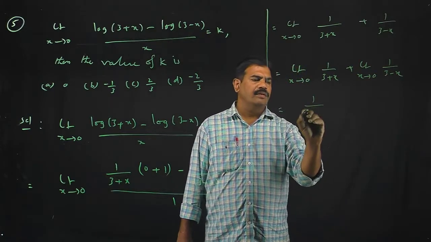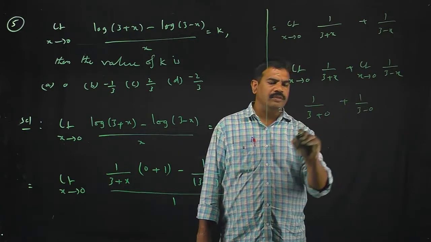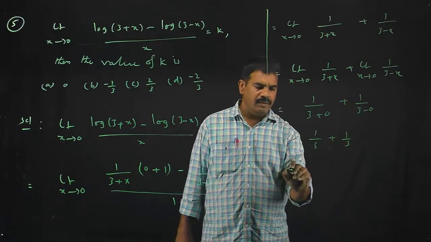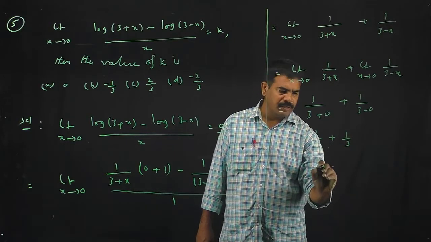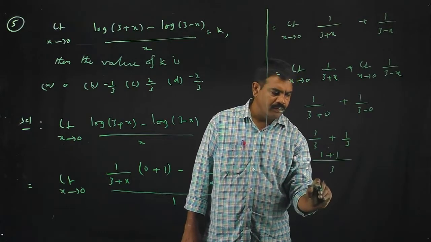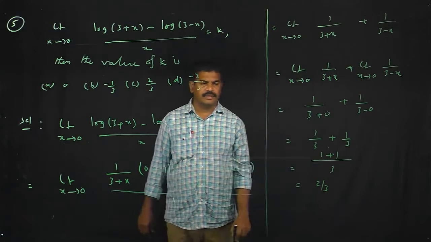It is 1 by (3 plus 0) plus 1 by (3 minus 0), that is 1 by 3 plus 1 by 3. Take the LCM, that is 3, 1 plus 1, that is equal to 2 by 3. The option is the third one, C.